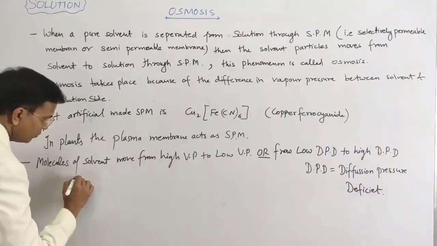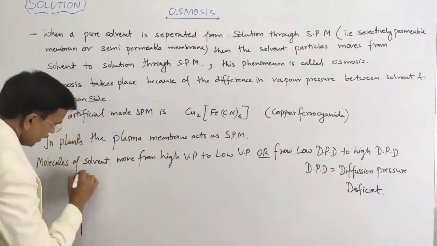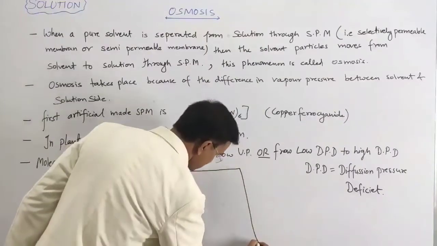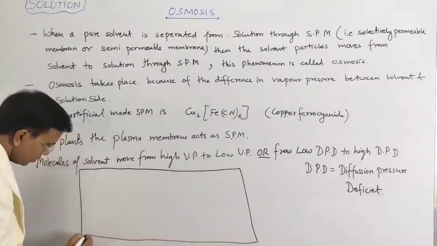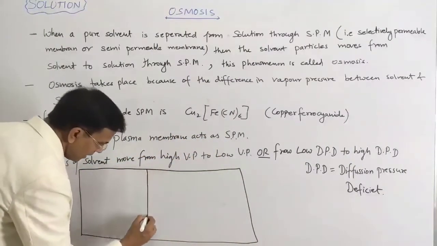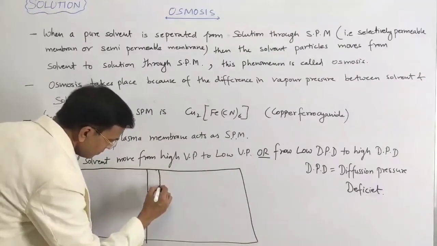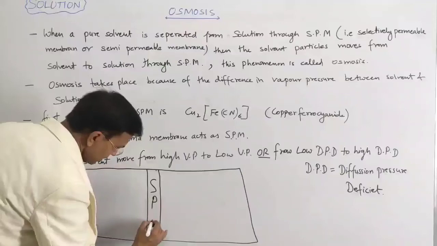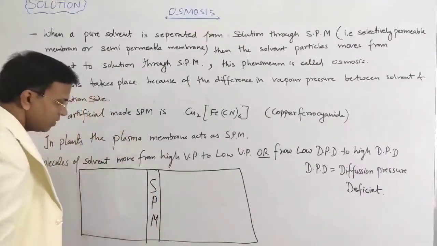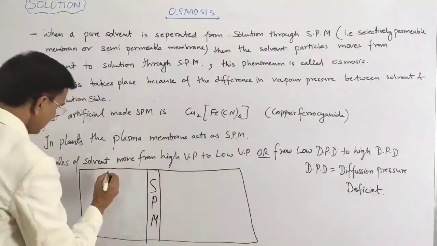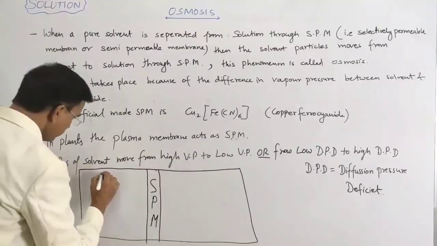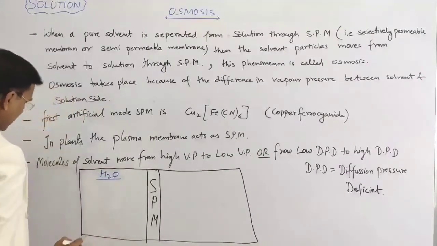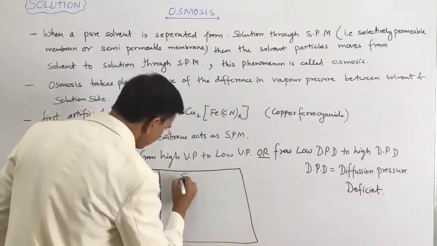If we are going to make a table here about osmosis, let this be the SPM in between, right? This side here it is water, and this side is solution.